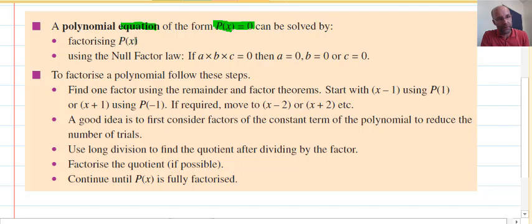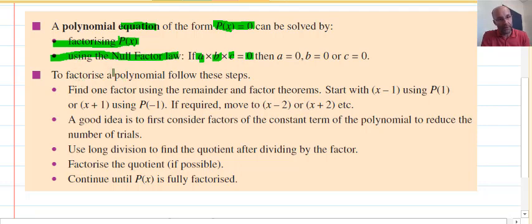It's a different process to some of the factorizing you might have seen with quadratics. But one thing that is the same is once we've factorized it, we then use the null factor law. Remember, when two or more things multiply together to be equal to 0, either the first thing, the second thing, or the third thing equals 0. That's the null factor law you should be familiar with if you're watching this video.